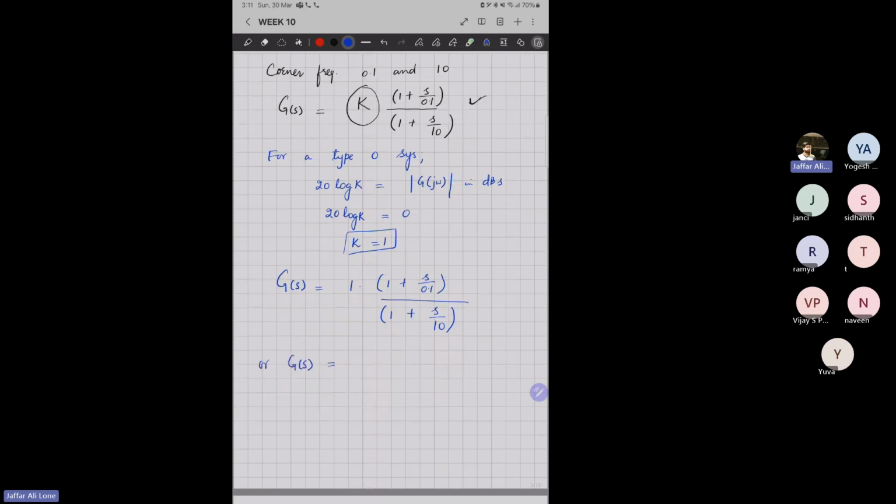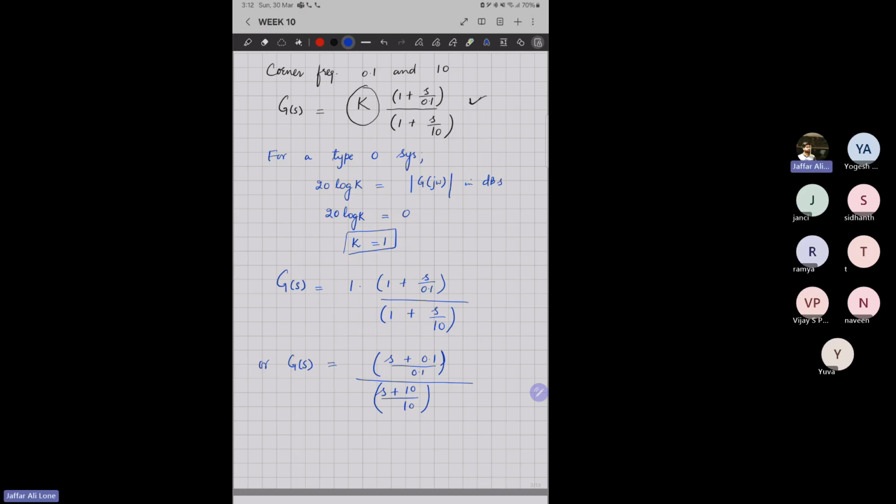G of s is, I'll take this 0.1. Okay, let me make it more simple. I can write it like this: (S plus 0.1) divided by 0.1, divided by (S plus 10) divided by 10, right?